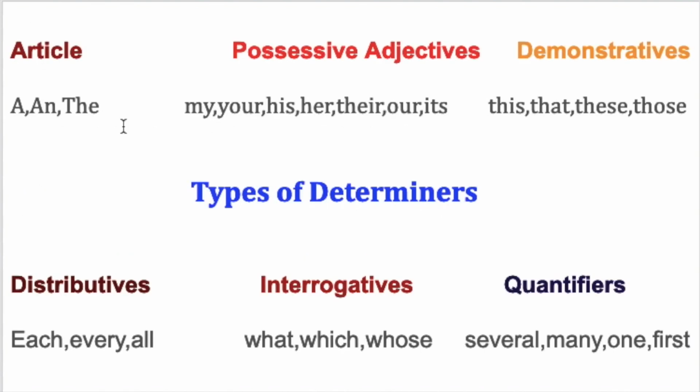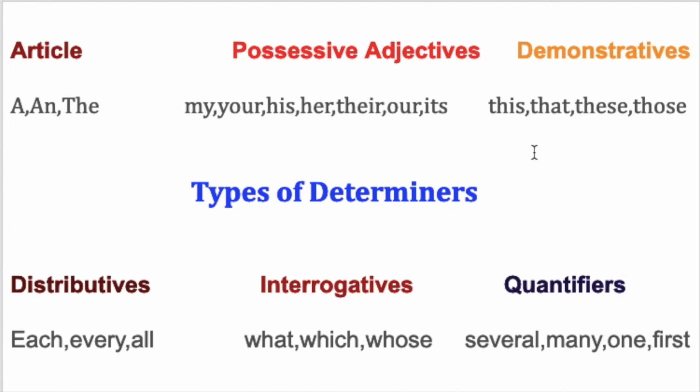Alright, there are 6 types of determiners. Article is one of the determiners. So like articles a and the. Possessive adjectives like my, your, his pencil, her dress, their, our, its, they are determiners.